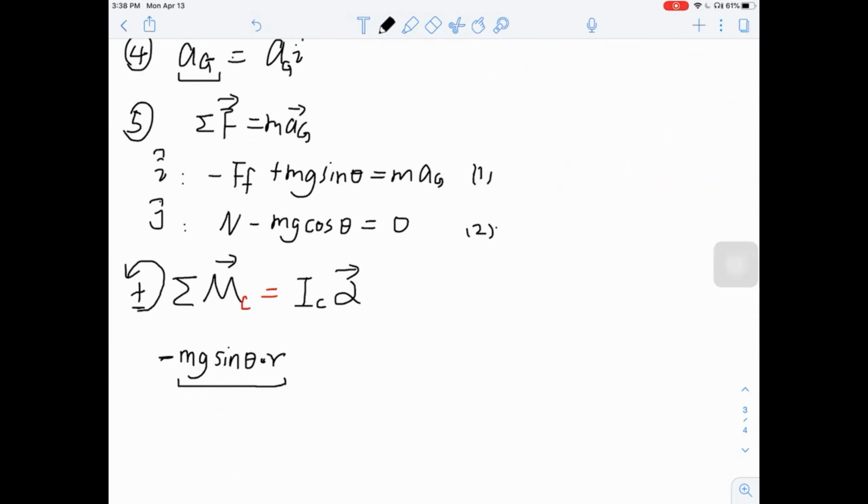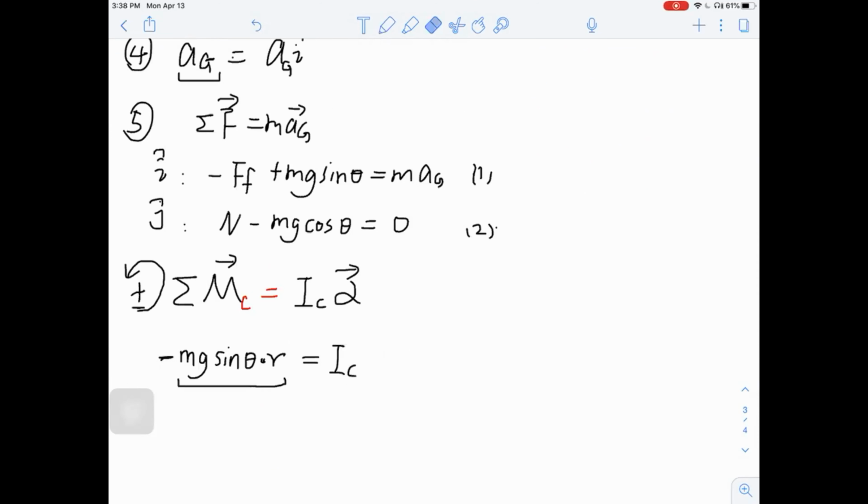And that's all the moments we would have for the sum of moments about point C. This will equal I_C alpha. Does that make sense to you?